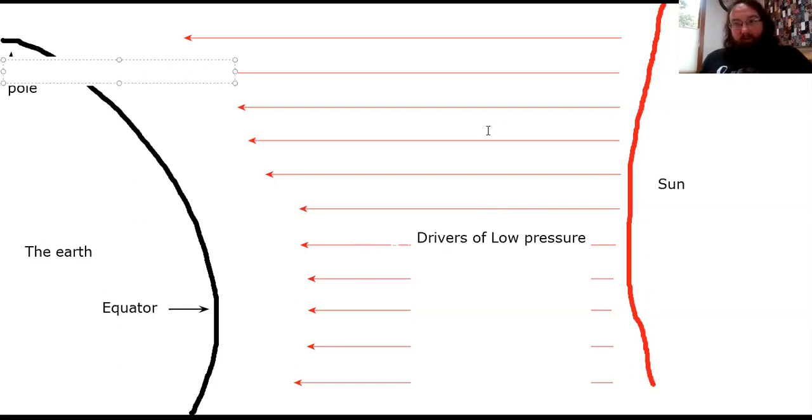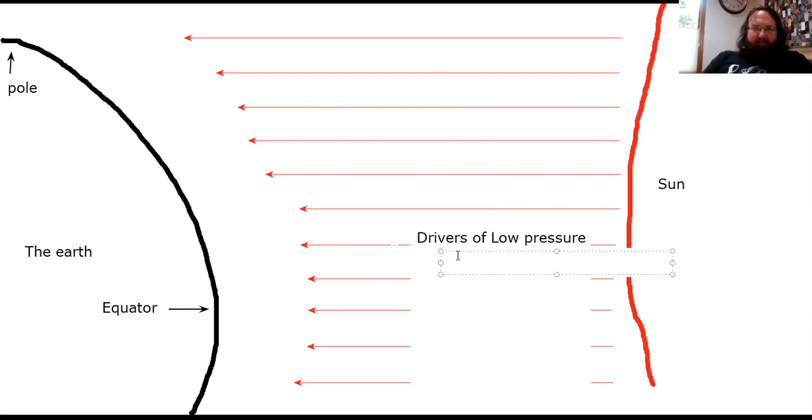So what are the things that drive low pressure formation? There's really only two that you're going to have to know for this class. The first of these is heating of the Earth's surface. The second of these is condensation and releasing latent heat.